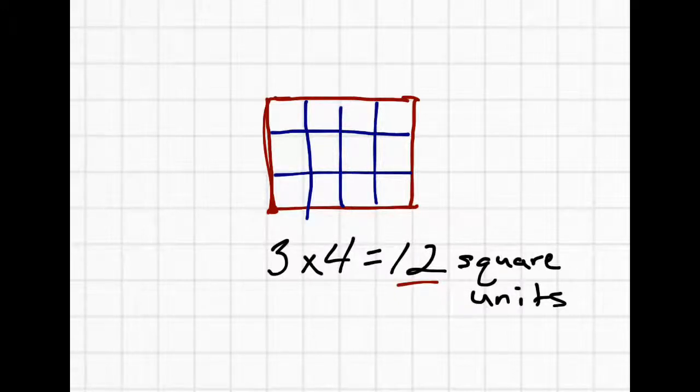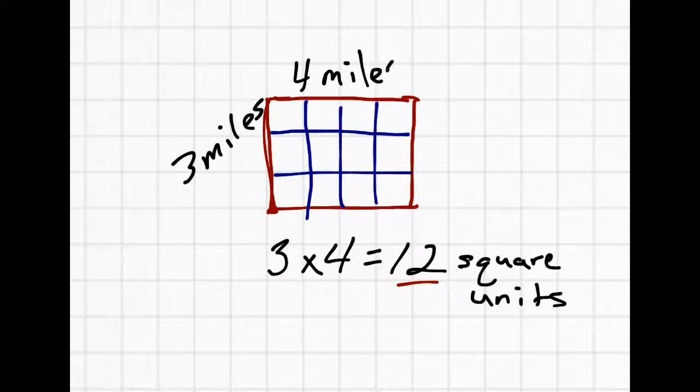So if this was 3 miles high, and this was 4 miles wide, we'd be talking about a huge area that you'd have to drive across or walk all afternoon. If it was not 3 miles and 4 miles, but say 3 meters and 4 meters, well, that's about the size of a small room, maybe a kitchen.